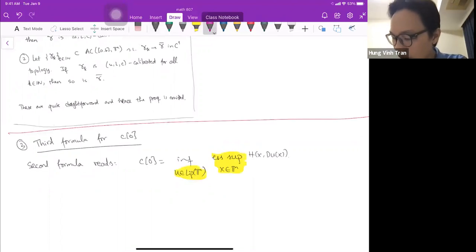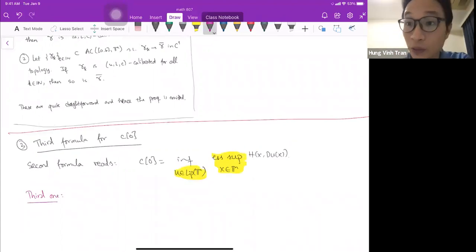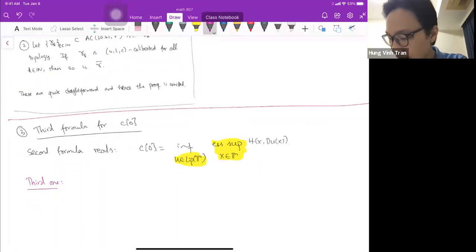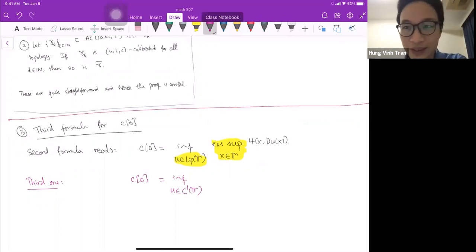So now I give the third formula, where I replace Lipschitz functions by C1 functions, and I can still make the same conclusion. Actually we have done the proof, it's just hidden in everything we have done. So this is the third one. C naught is the infimum, and instead of taking Lipschitz functions, I'm taking u to be C1 on the torus, or actually it could be C infinity.